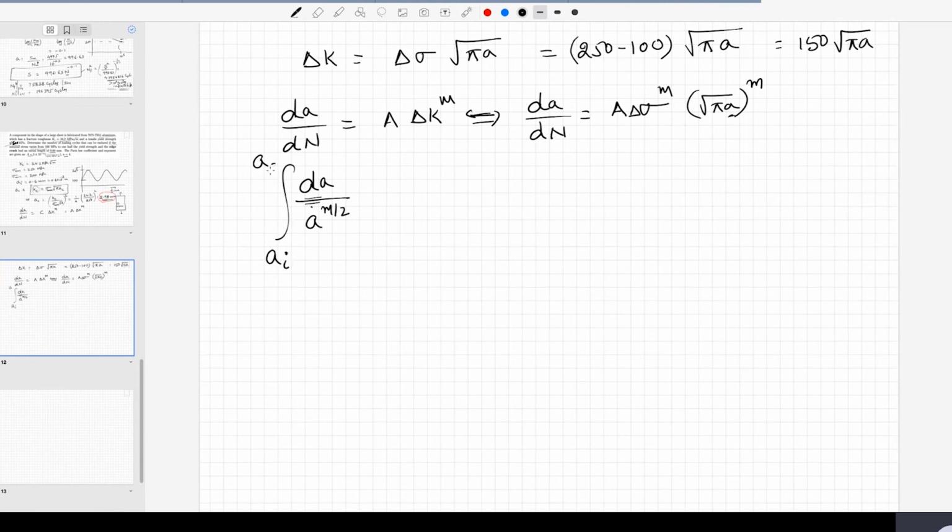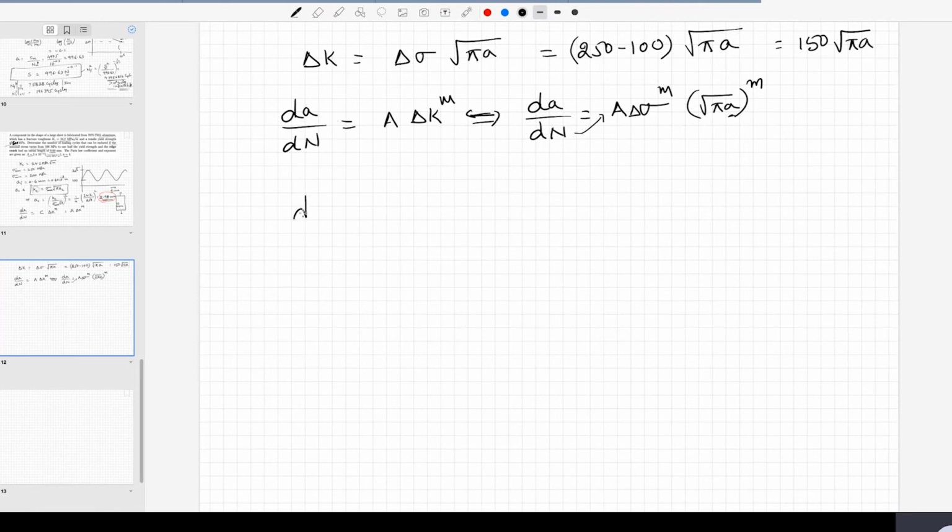integral from initial crack length to the critical crack length, is equal to dN integral 0 to number of cycles to failure. Okay, let me rewrite this because we need to find out the life.